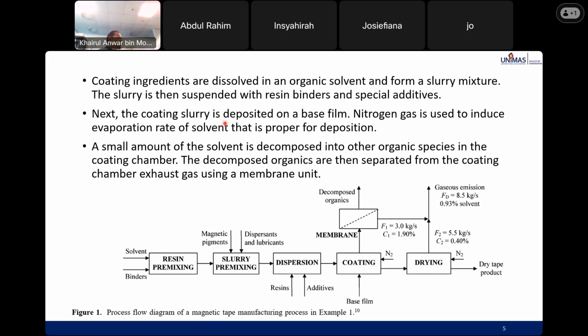Nitrogen gas is used to induce the evaporation of solvent with proper deposition. A small amount of solvent is decomposed when it evaporates into other organic species in the coating chamber. The decomposed organics are then separated from the coating chamber exhaust gas using a membrane unit.